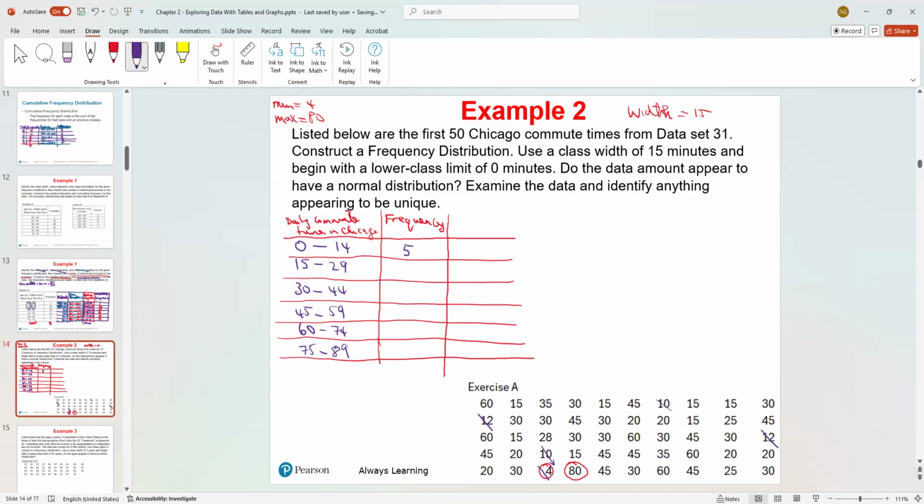Now, how many data values can you identify from 15 to 29?